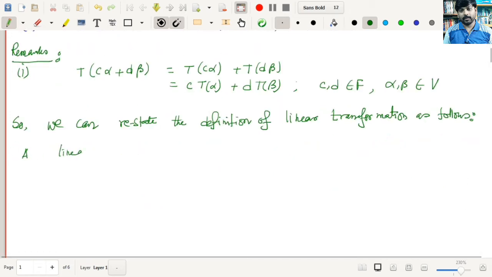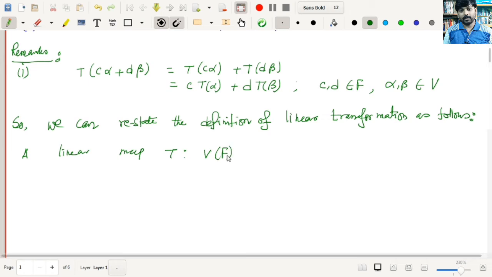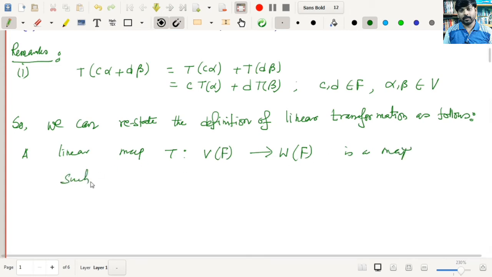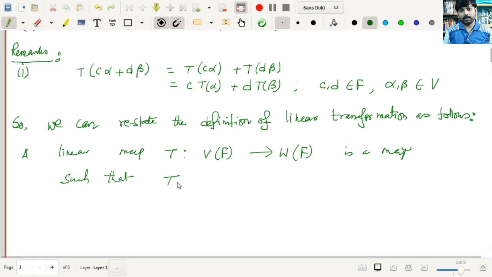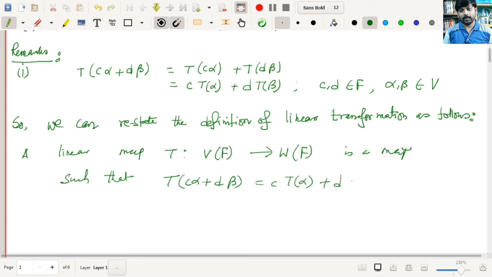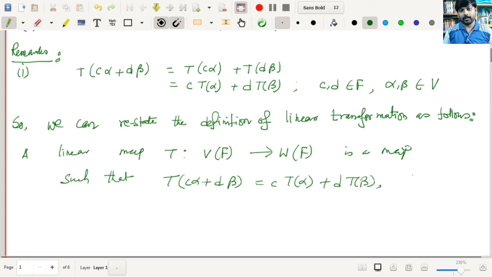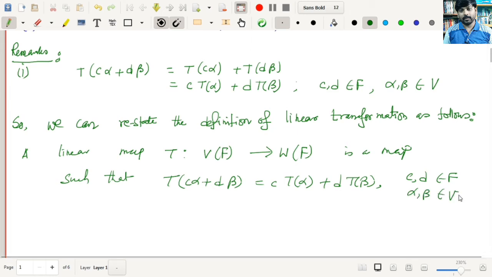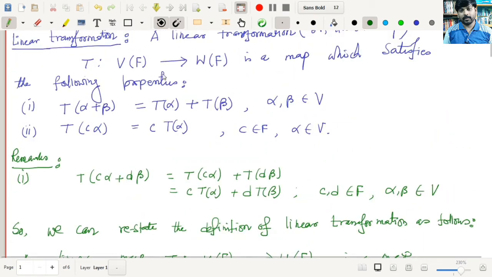A linear map T from a vector space V over F to another vector space W over F is a map such that T(C alpha + d beta) = C T(alpha) + d T(beta), where C and d are scalars and alpha, beta are vectors. This definition is equivalent to the definition that we stated previously.